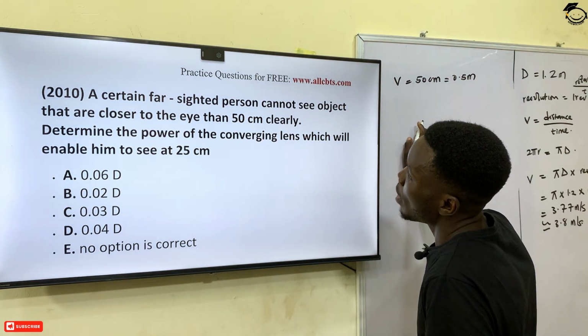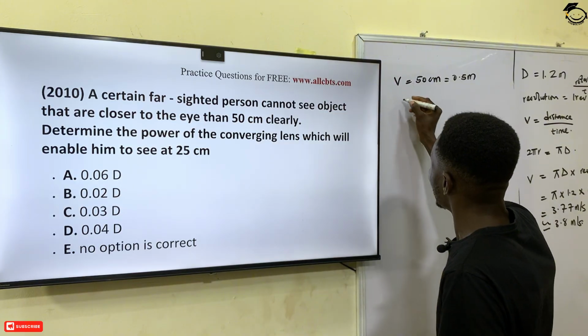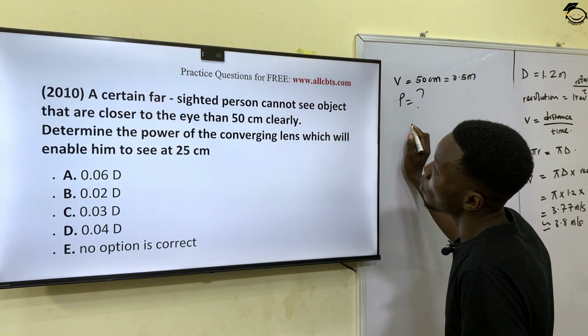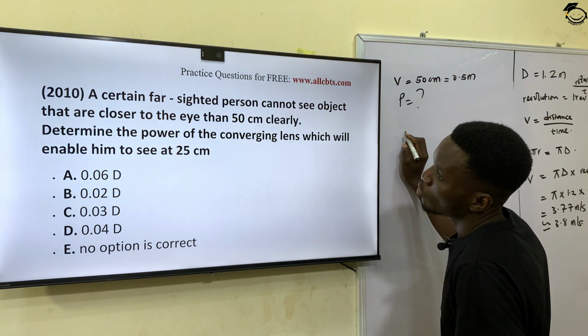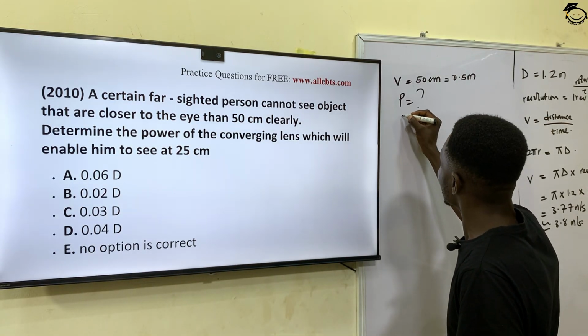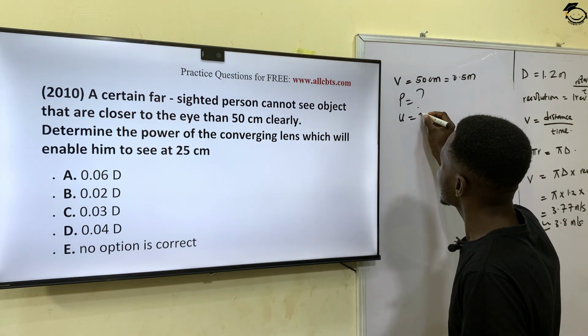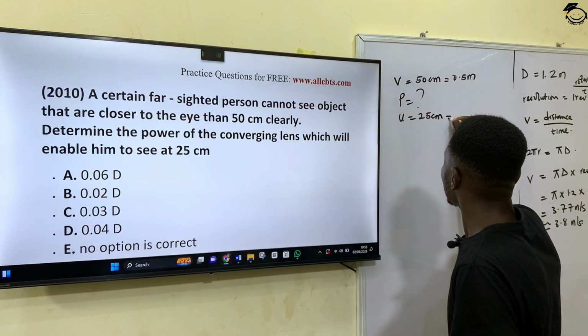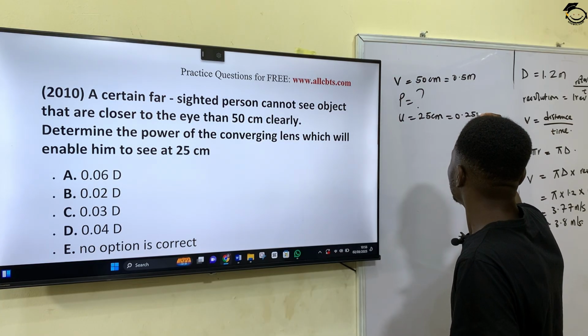So determine the power of the converging lens, which we do not know, which will enable him to see at 25 centimeters. So it means that my object distance is 25 centimeters, which is equivalent to 0.25 meters.